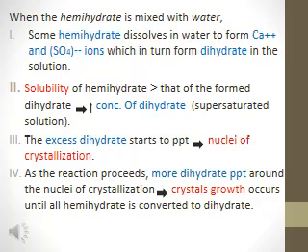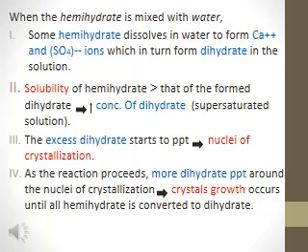When the hemihydrate is mixed with water, some of the hemihydrate begins to dissolve and give the constituent calcium and sulfate ions, and these ions begin to form the dihydrate in the solution. The formed dihydrate itself begins to dissolve, but the solubility of hemihydrate exceeds that of the formed dihydrate. This will result in increasing the concentration of the formed dihydrate, so the solution will be supersaturated with dihydrate.